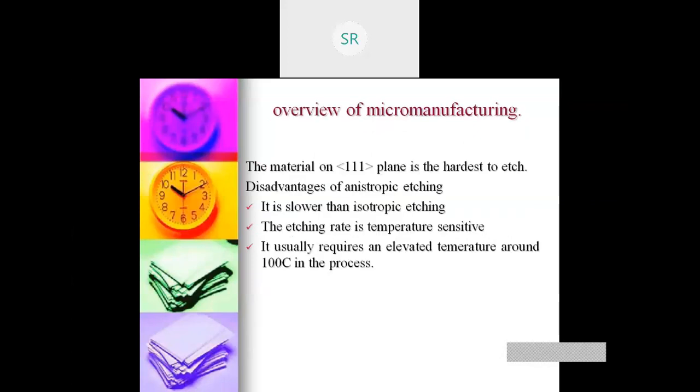The disadvantage of anisotropic etching is that it is slower than isotropic, and the etching rate is temperature dependent, usually requiring a temperature of around 100 degrees Celsius. So this is about bulk micro manufacturing.